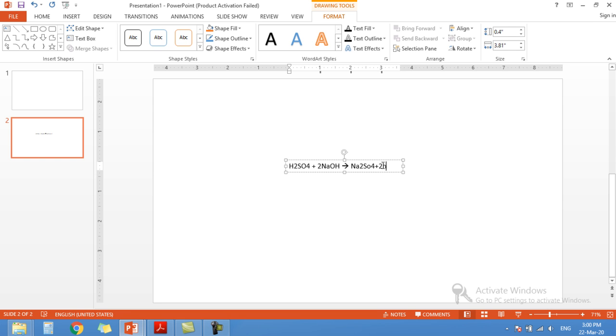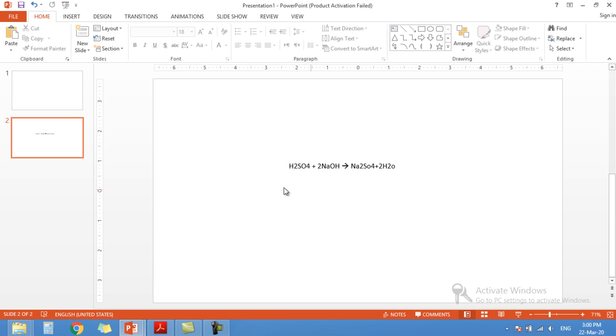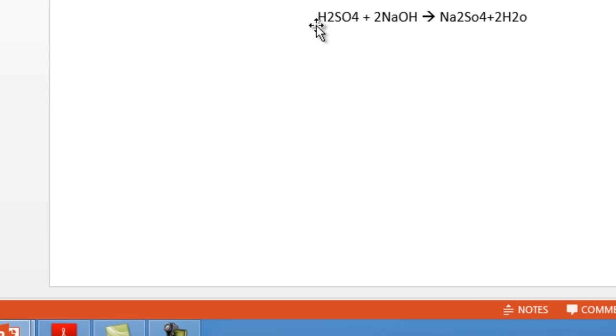So the equation here is giving us a salt, Na2SO4, which is a sodium sulfate salt, and water, 2 molecules of water as here due to the balanced equation. This is the double displacement reaction, which happens when the acid and base react together.